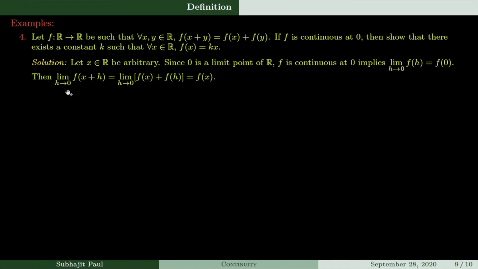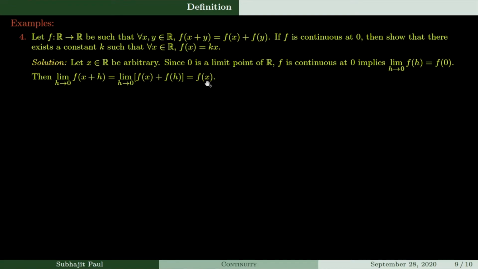I should have proved that f(0) equals 0 before. I have proved that, but this must come before this. So this will be f(x) + f(0), and we will show that f(0) equals 0. Okay, in that case what I am getting is that the limit of f(x + h) as h tends to 0 equals f(x).